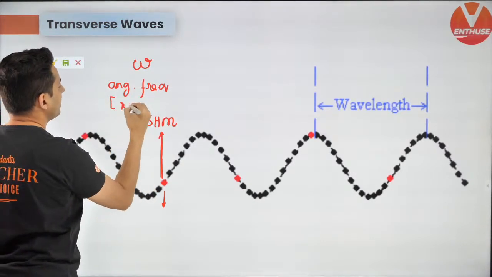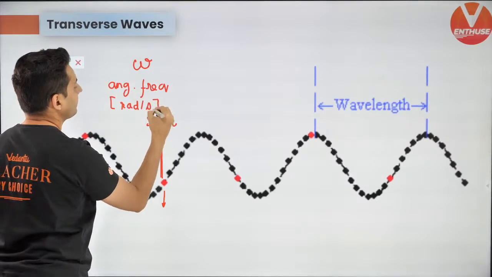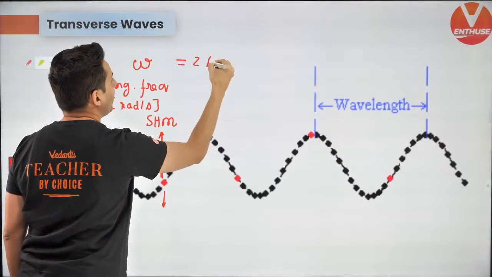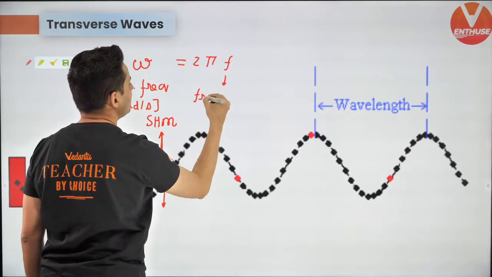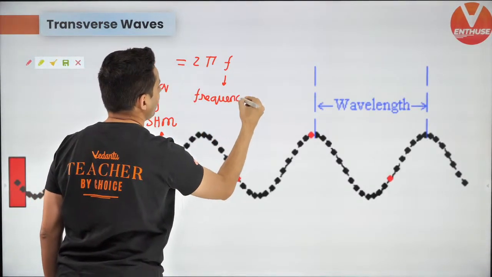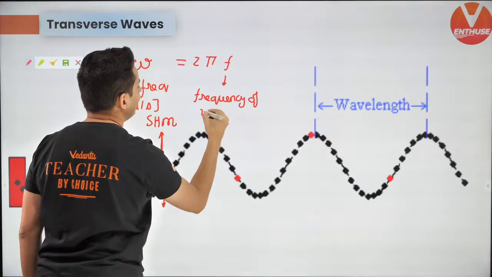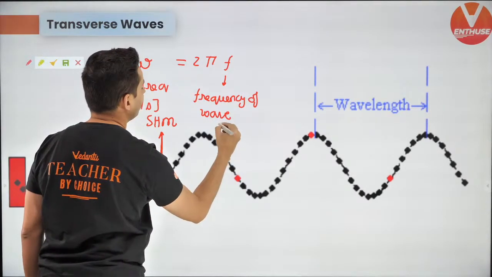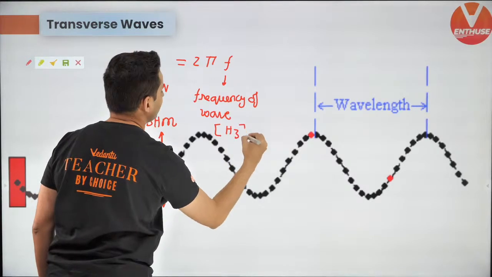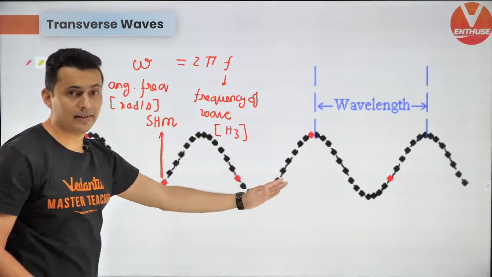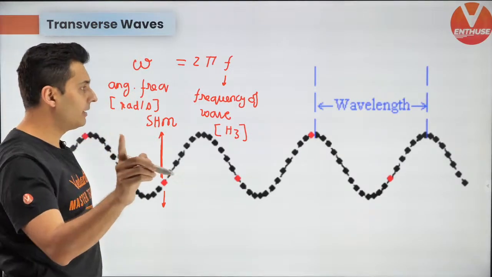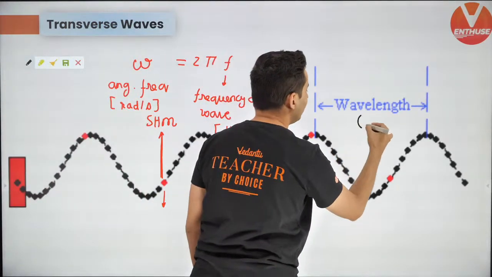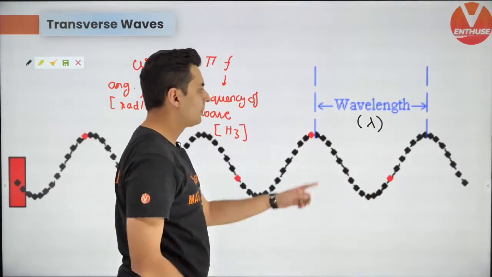Remember the units were radians per second. This is 2 pi into f, where this f is nothing but the frequency of the wave. The frequency of the wave, which is expressed in hertz. Omega is 2 pi f. That's the number 1 quantity.